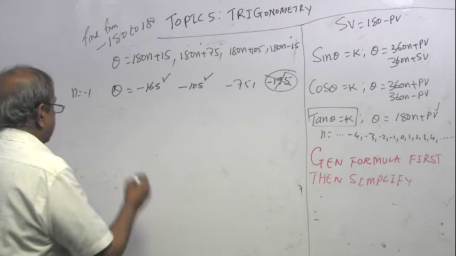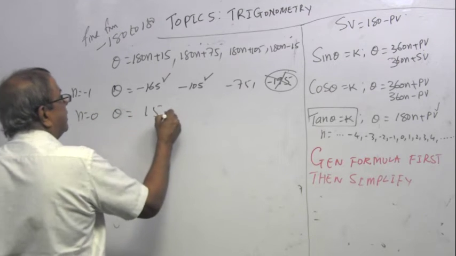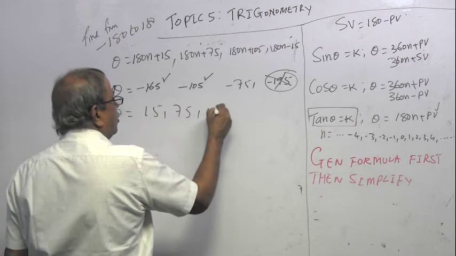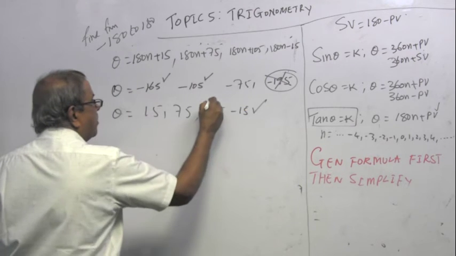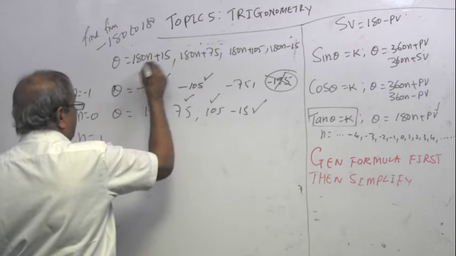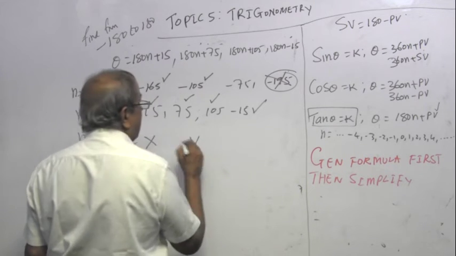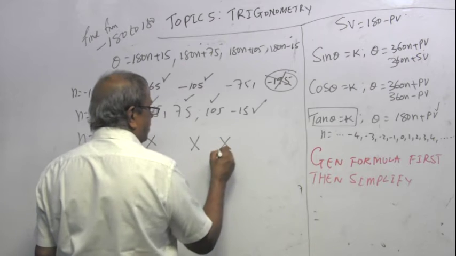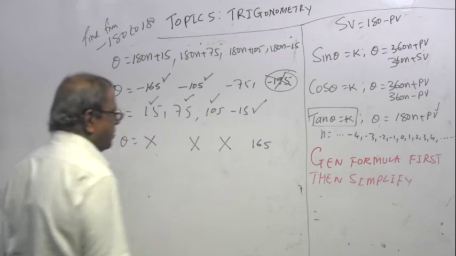So we go further. Put n as 0. θ will be 15, 75, 105, and then minus 15 is acceptable. That's perfectly alright. Put n as 1. 180 plus 15 is out. 180 plus 75 is out. 180 plus 105 is out. 180 minus 15 is 165.